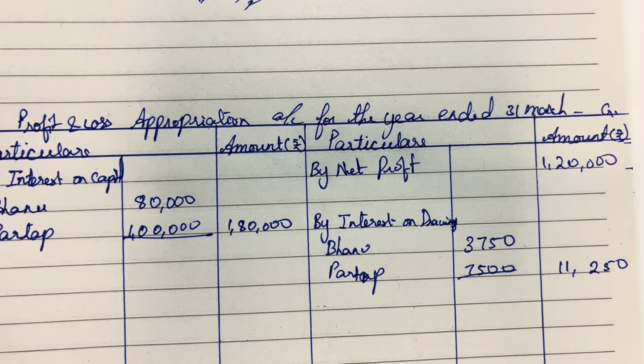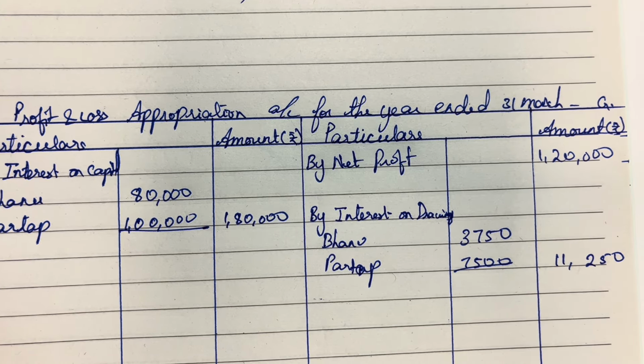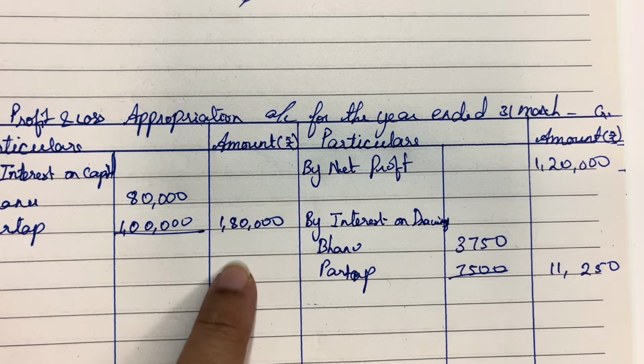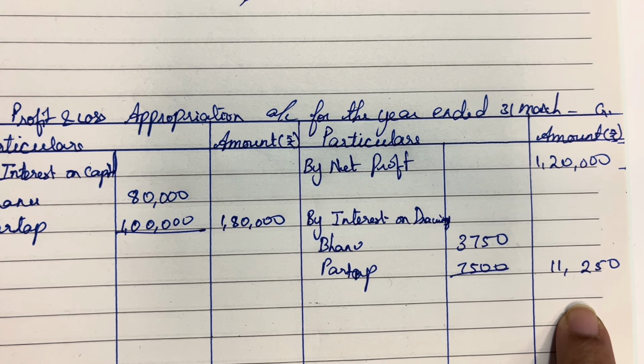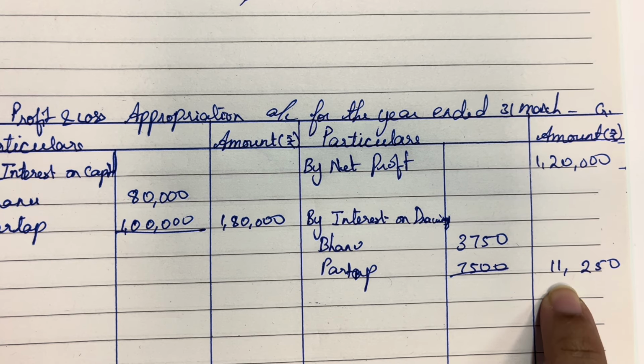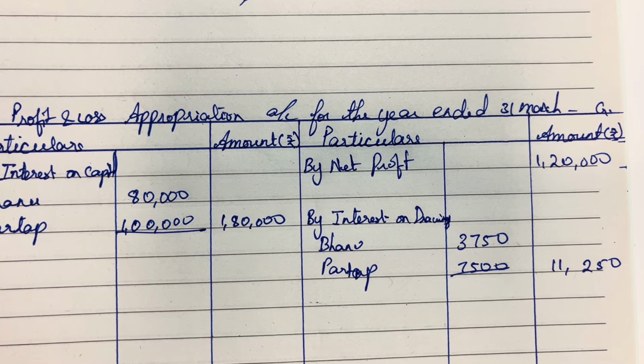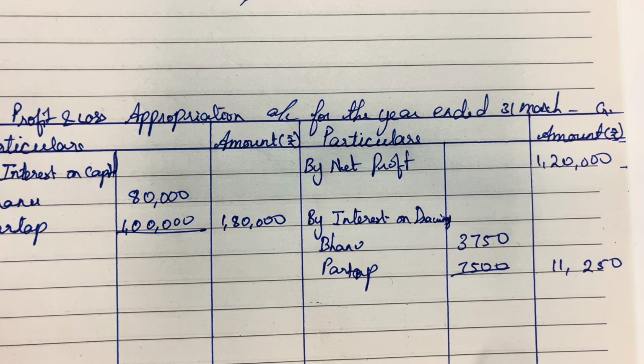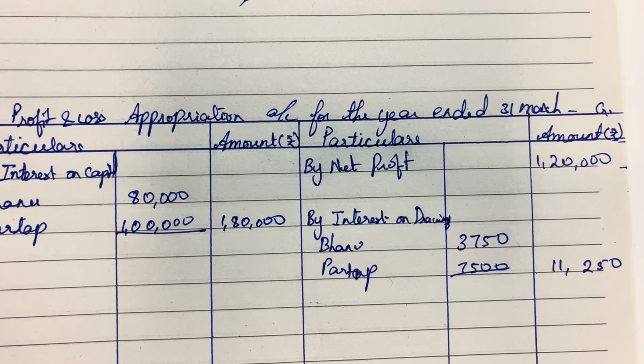Now we've got to calculate the profit or the loss to be transferred to the partners. Now if you see in the sum, 1,80,000 is greater compared to the credit side. The credit side we get 1,31,250. So this amount is greater, so the firm has incurred a loss during this period.